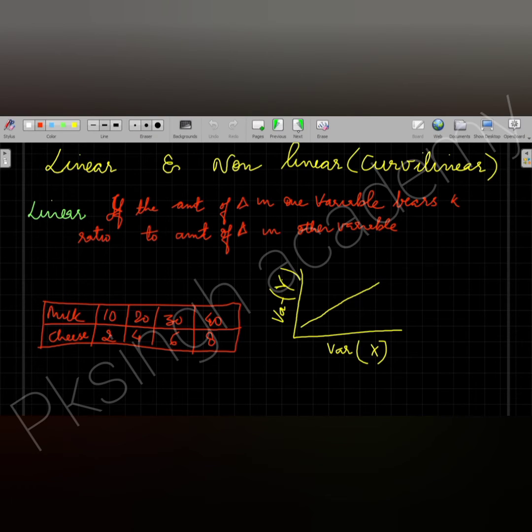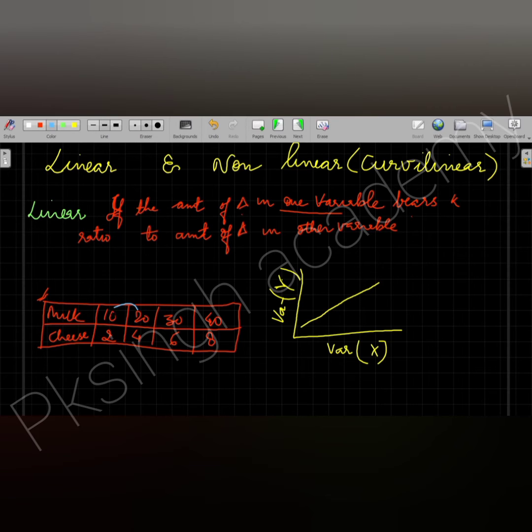The next is linear and non-linear correlation. What is linear correlation? If the amount of change in one variable bears a constant ratio to the amount of change in the other variable. For example, here we'll see milk and cheese. There is a constant increase.